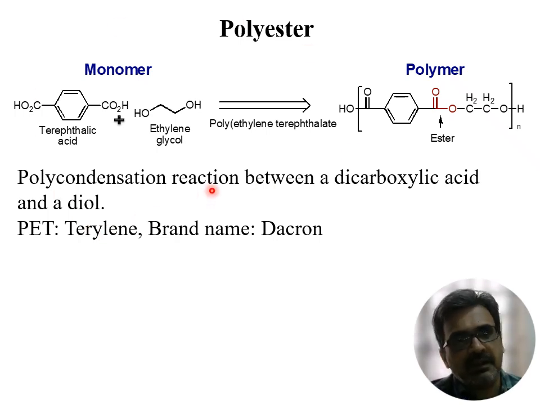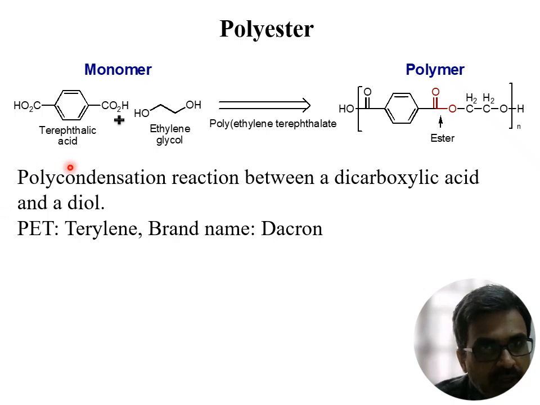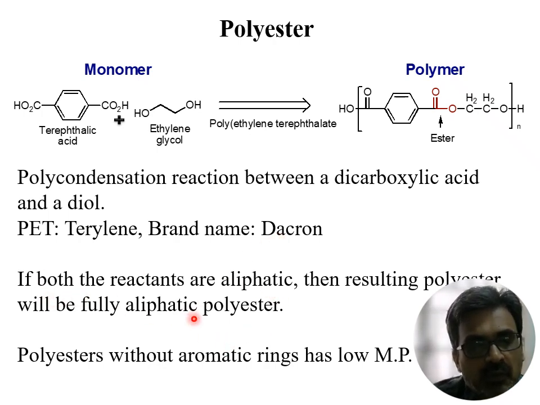One more is polyester, where we can use terephthalic acid and ethylene glycol, and we get an ester. We have ester linkages like this. Here it's a dicarboxylic acid reacting with a diol, and PET is the commonly used name. If both are aliphatic, the resultant polyester will be aliphatic; here one is aromatic and one is aliphatic.